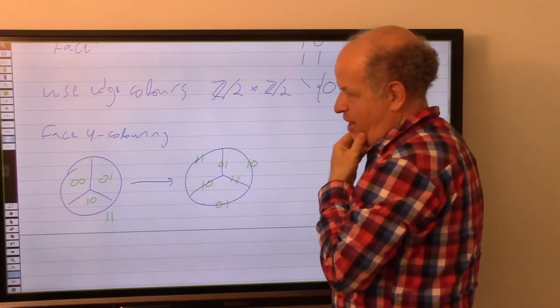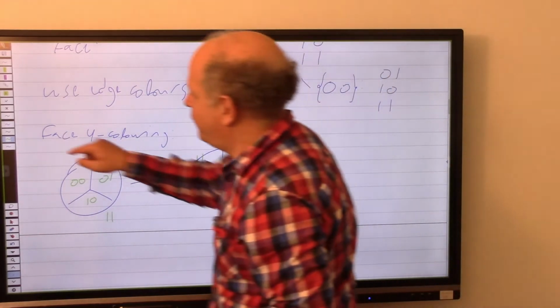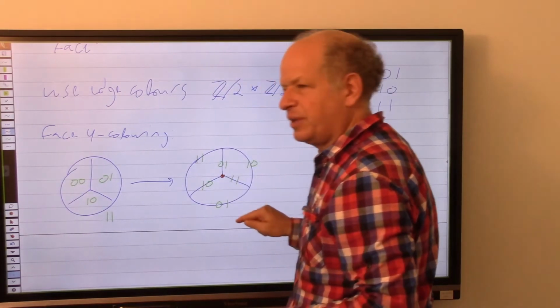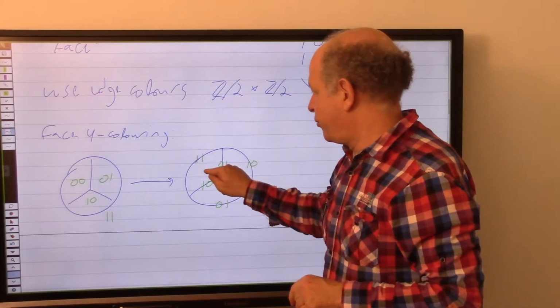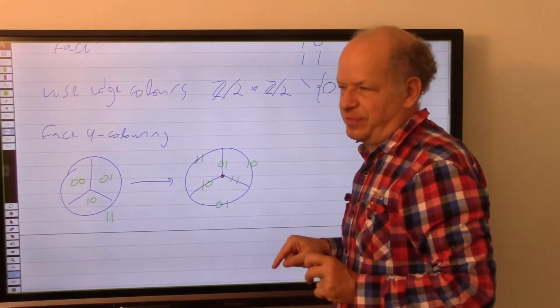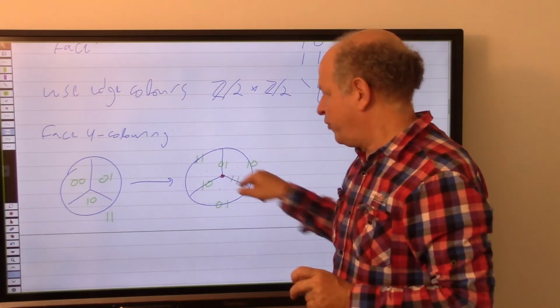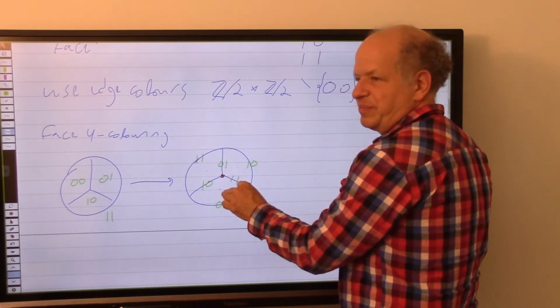Also, whenever you have a vertex, then at the vertex, three faces are all adjacent to each other. So the three faces must have different colors.